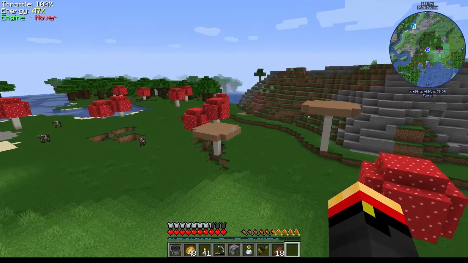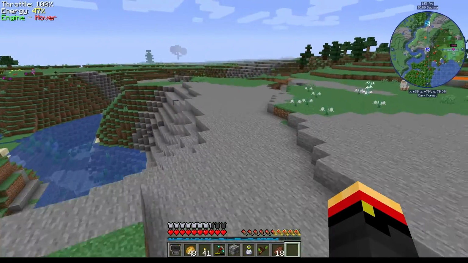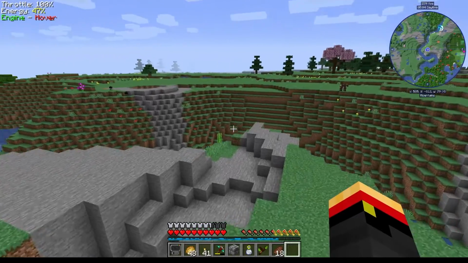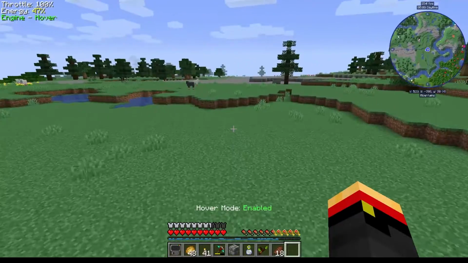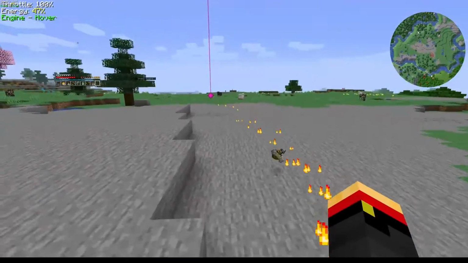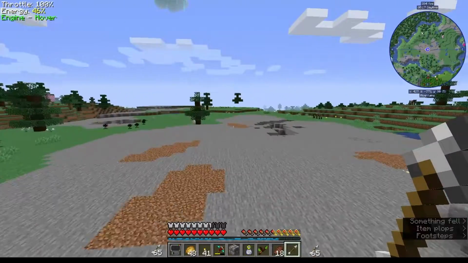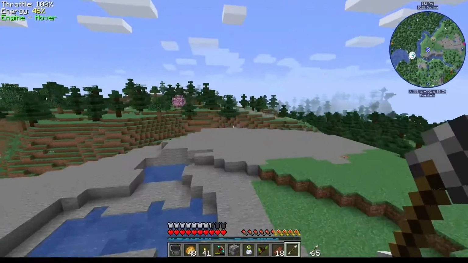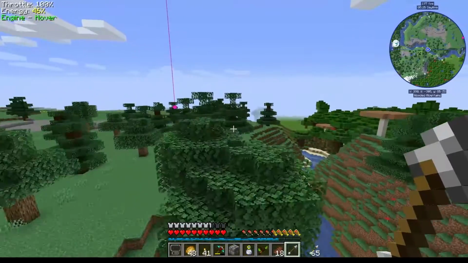Now I should be able to more easily find a warped forest in the Nether, or find Endermen here to fight. That would be, yeah. And with hover mode, he does lower himself, but, you know, still not all that bad. Should be able to easily find Endermen in the mountains if I can go way faster than I could before. And energy isn't draining that much.